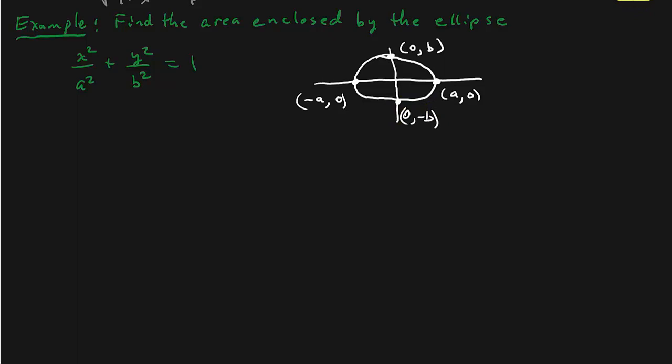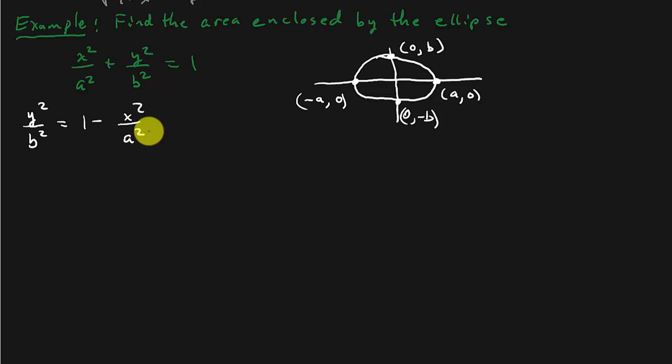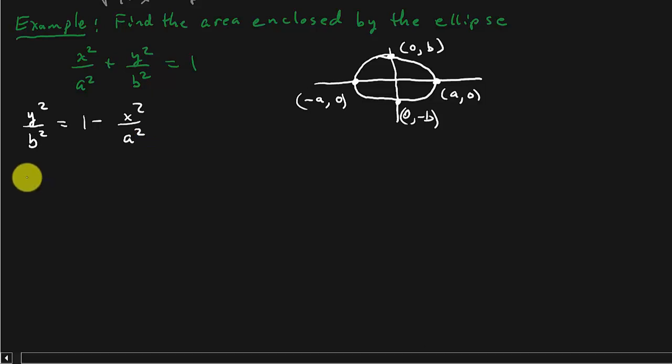All right, so I need to get a function. What I'm going to do is take this and solve it for y. So I get y squared over b squared is equal to 1 minus x squared over a squared, which is y squared over b squared is equal to a squared minus x squared over a squared.